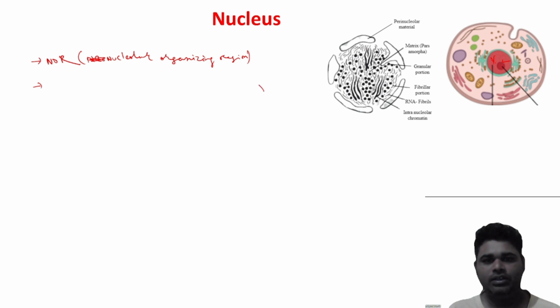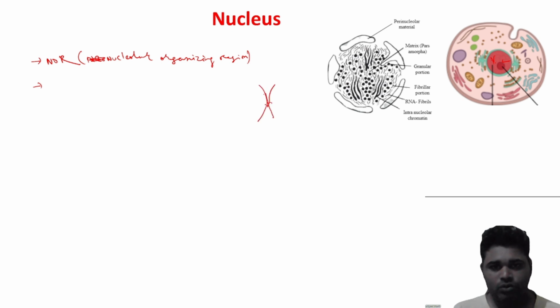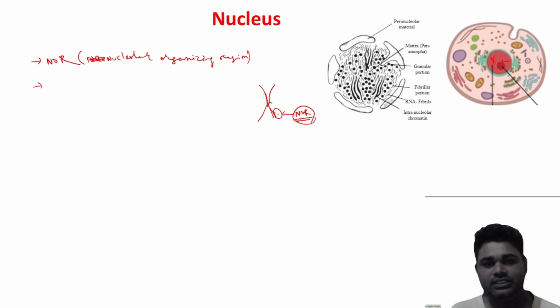For example, let's suppose this is a chromosome. Around the chromosome, a structure is formed, and that is called the NOR, the nucleolar organizing region, and it is called the nucleolus. This is called the centromere, or it is also called the primary constriction.